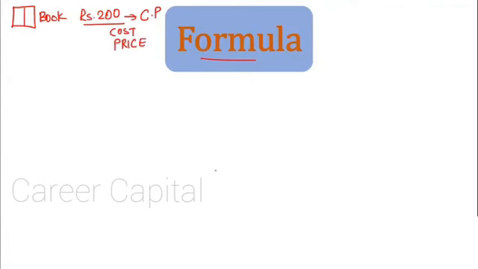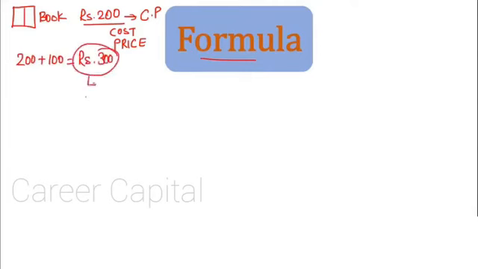Now if you want to sell this book for say 100 rupees profit, you want 100 rupees profit after selling the book, what you will do? You will sell the book for rupees 200 plus the 100 rupees profit you want, that is rupees 300, right?